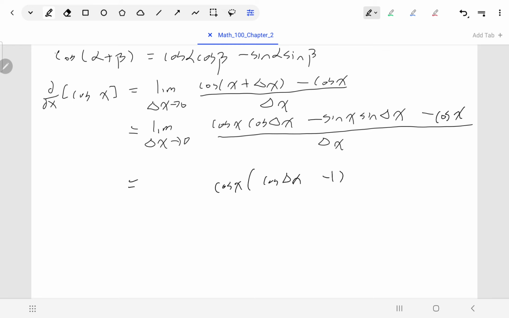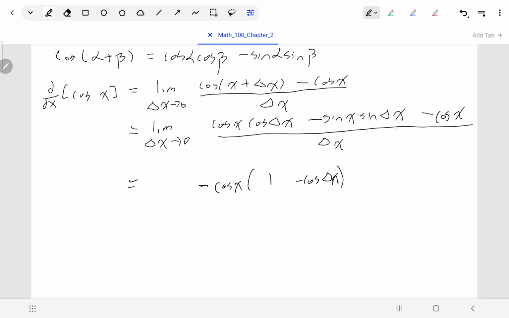Of course, I want 1 minus cosine of delta x, so I'll factor out a negative cosine of x. That leaves me a minus cosine of delta x and a positive 1 left behind.